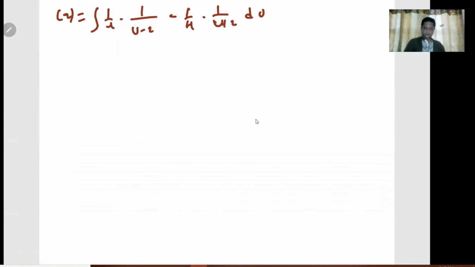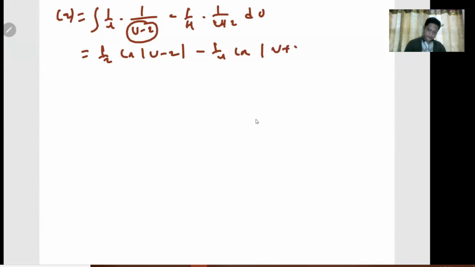Wow, this will be very long. This one uses substitution again. I have explained it earlier. So I have 1 over 4 ln of u minus 2, minus 1 over 4 ln of u plus 2, plus C. I hope you understand when I explained about the substitution.